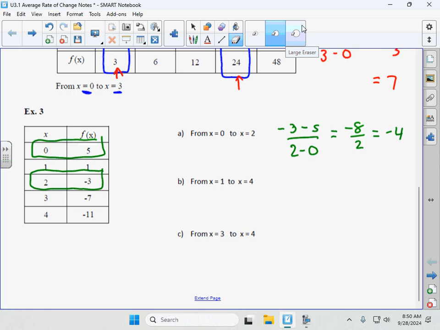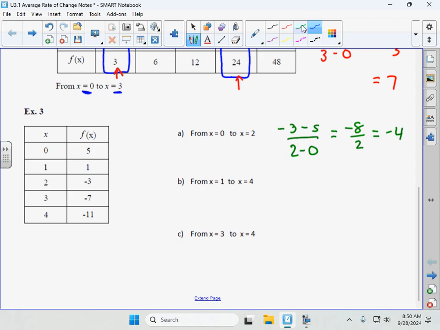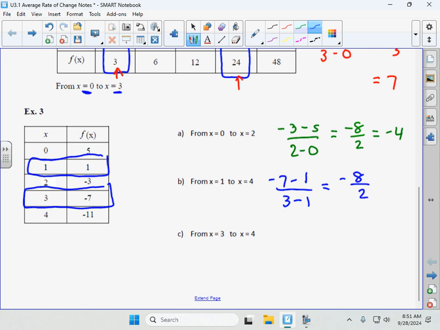All right, so let's do B. From x equals 1 to x equals 3. Here's the ordered pair for x equals 1, and then x equals 3. So that's going to be negative 7 minus 1 over 3 minus 1. That's negative 8 over 2, and that's negative 4 again.